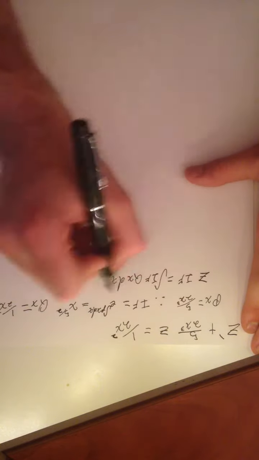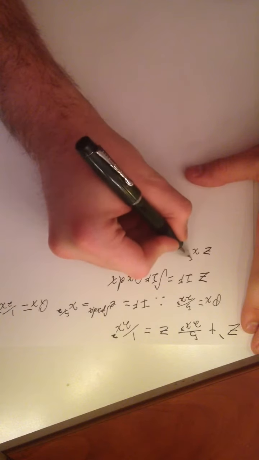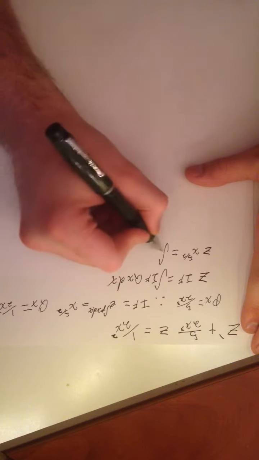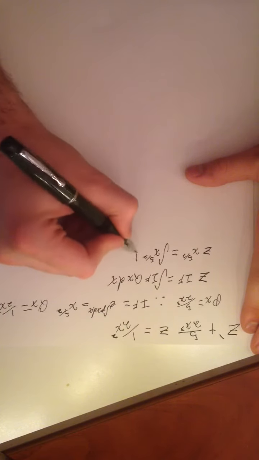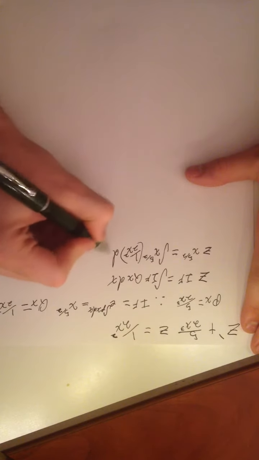We can plug in our values, giving us z times x to the 5/2, which is equal to the integral of x to the 5 halves times 1 over 2x squared dx.